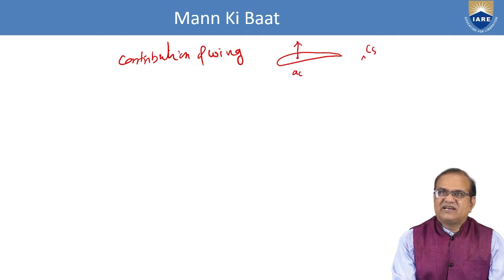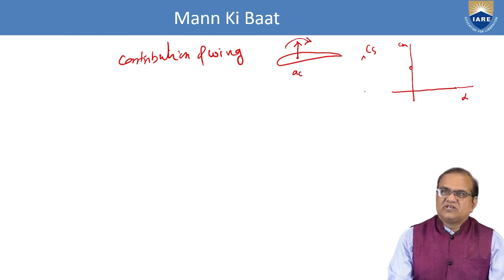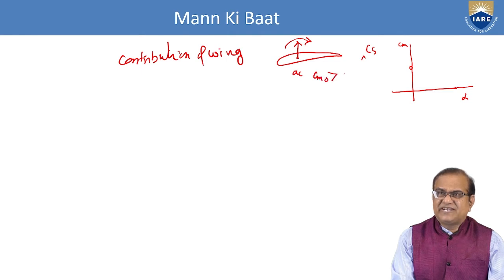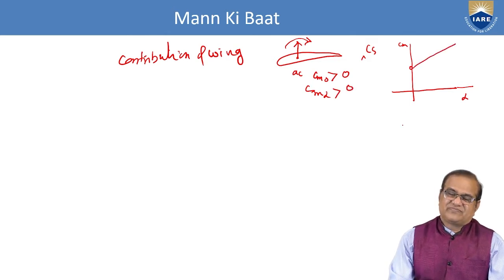So the wing contribution is that this is the Cm naught and this is the alpha. So the wing contribution is Cm naught greater than 0 and Cm alpha is also greater than 0.